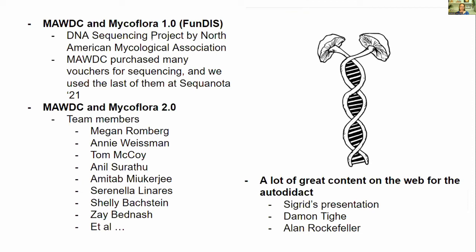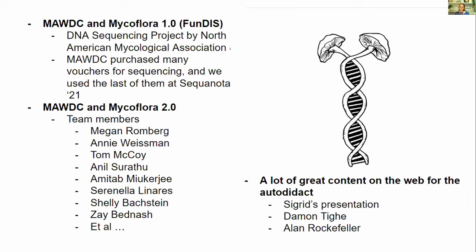This was rolled out several years ago, and MAWDC made a substantial investment in it to purchase vouchers to do sequencing. In this initiative, the clubs didn't do any of the lab work themselves. You simply dried the sample, took a grain-sized piece of tissue, and sent it off to the lab so you could get your results.